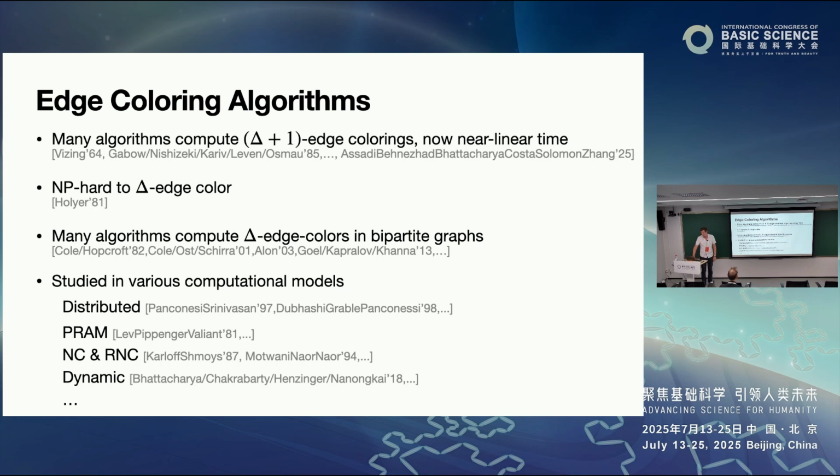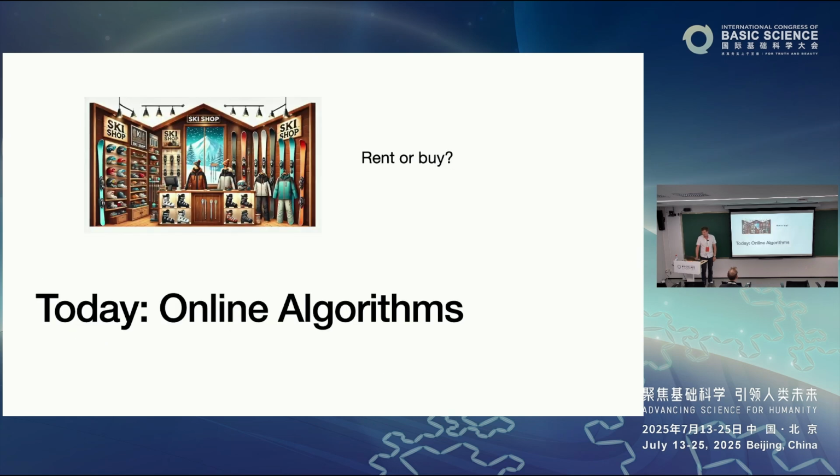And as the title suggests, today we're going to look at online edge coloring. I don't know if you've seen this before, so let me spend some time on this. What's an online algorithm? Normally we edge color a known graph. In an online algorithm, the instance is revealed in stages, and you need to make irrevocable decisions.